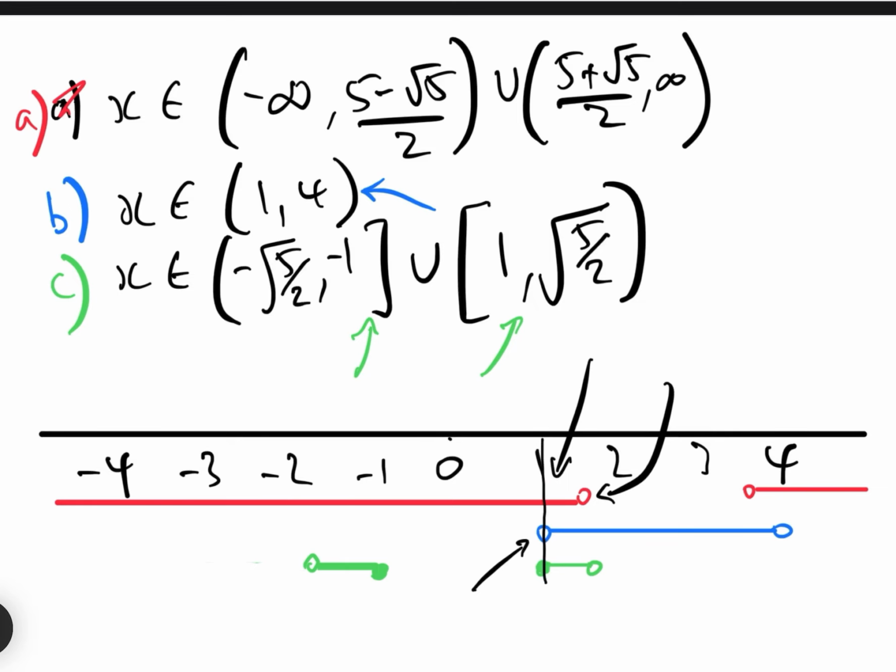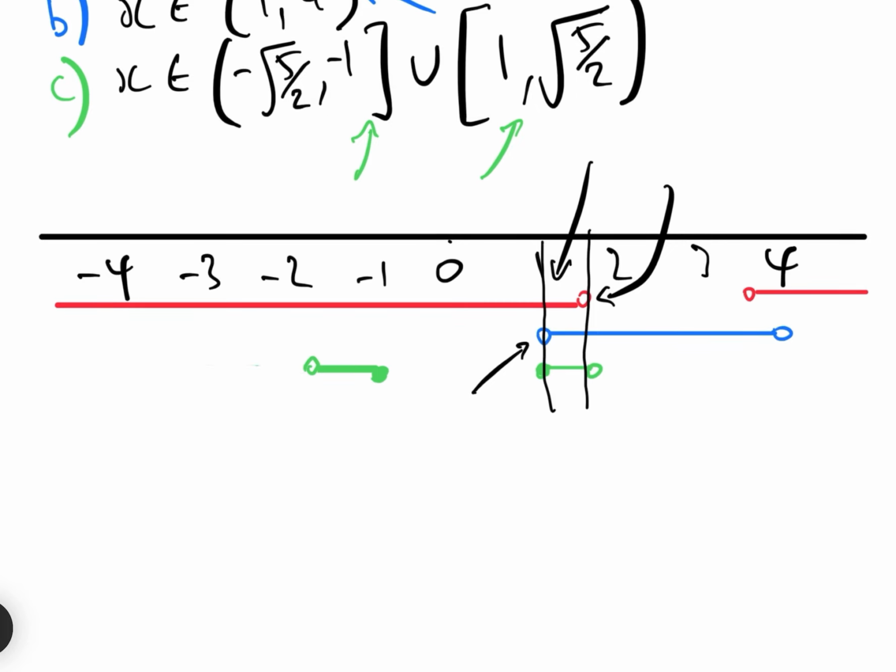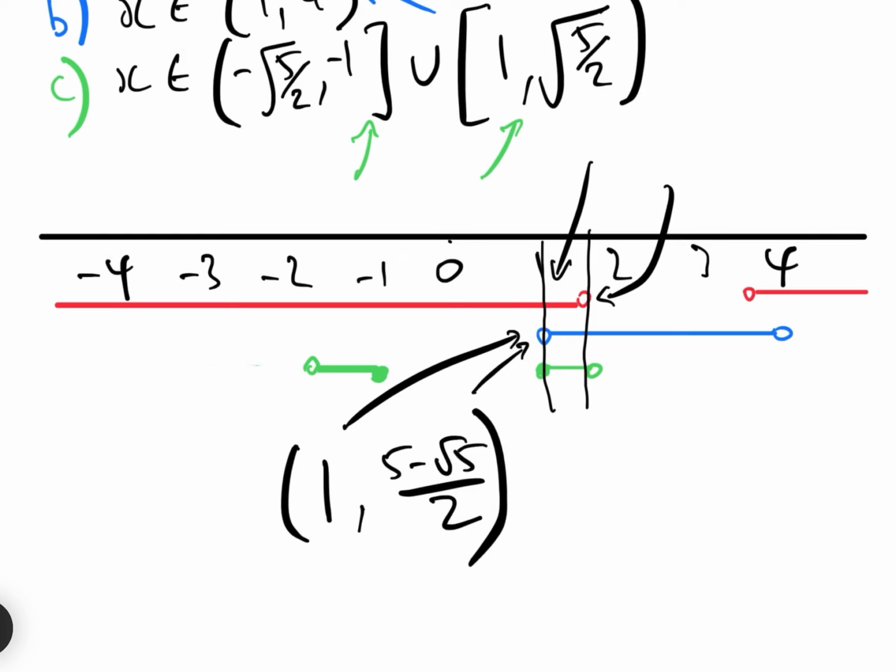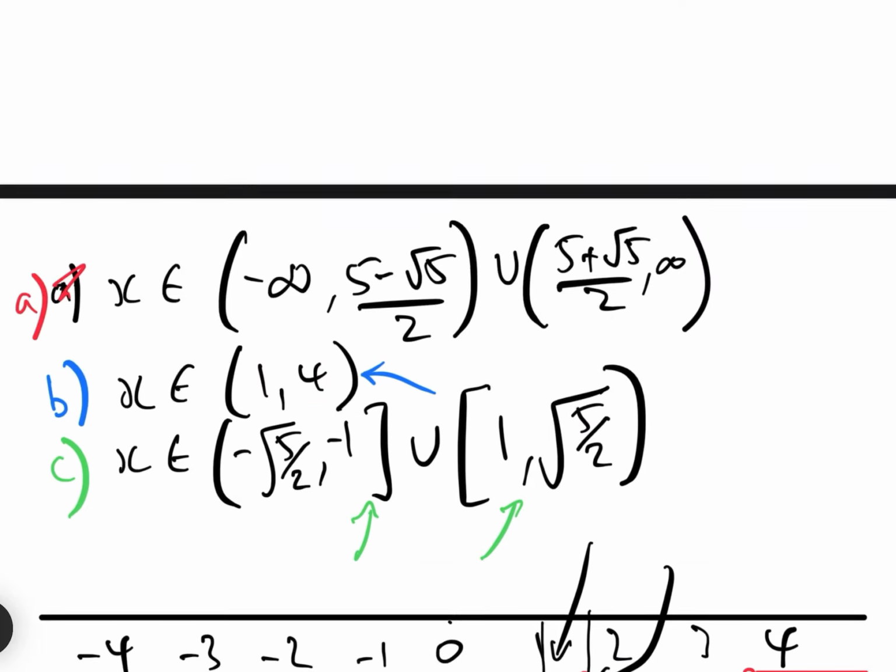They are the only bits which are covered in all three of the sets that we've looked at, and so therefore the answer is that the domain of the function in the question is 1, which is that bit, to 5 minus root 5 over 2, which is that bit there, which was answer C, right at the beginning here.